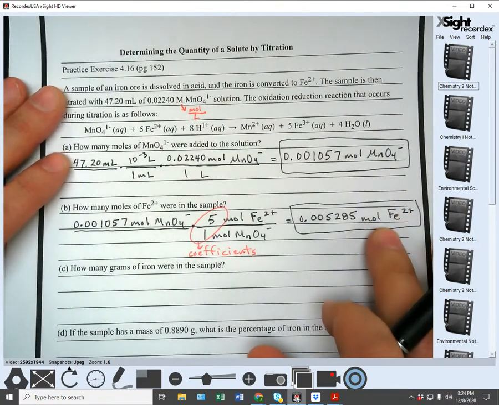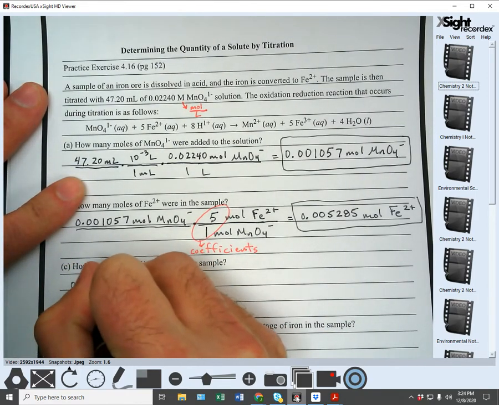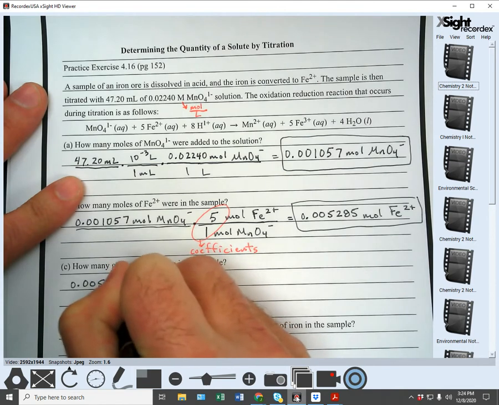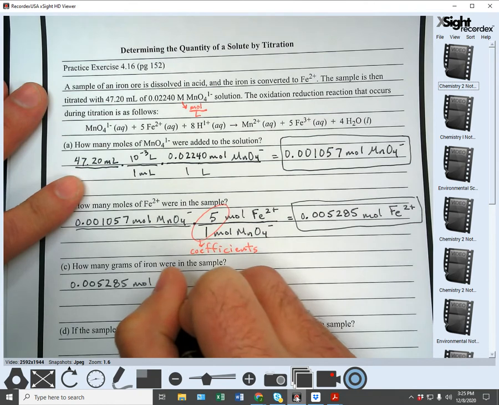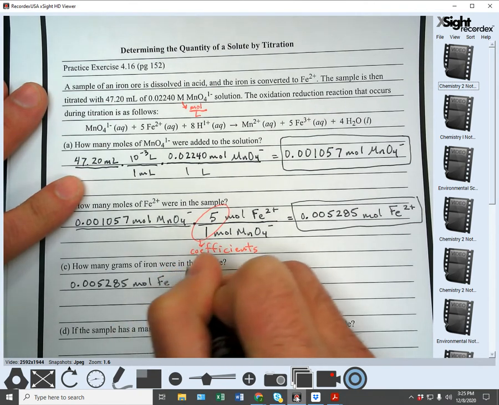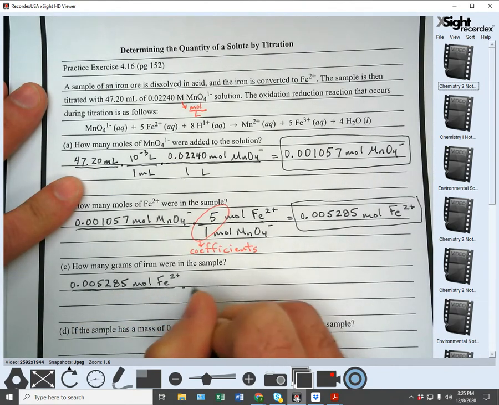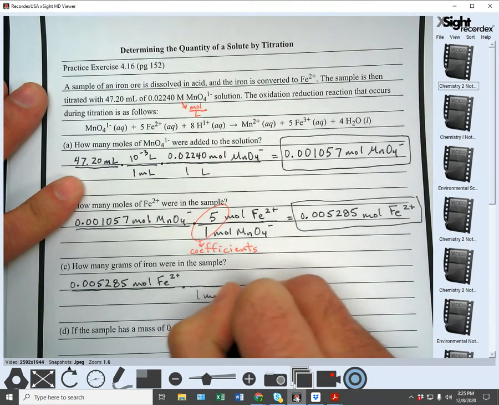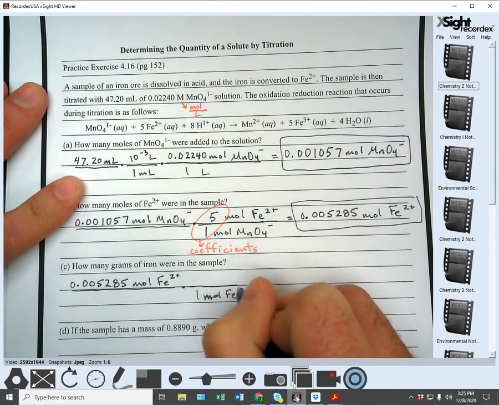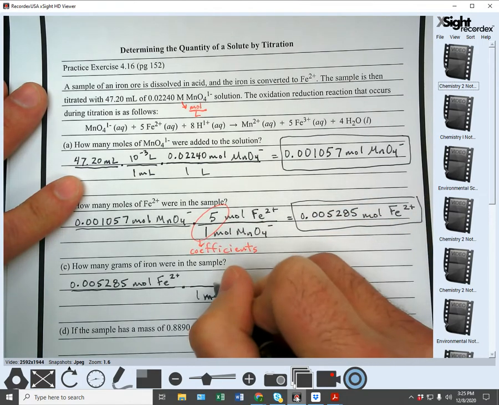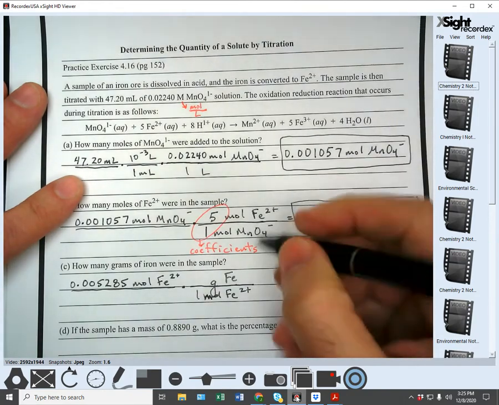So we've got the moles of the Fe2 plus here. All we need to do is turn that into grams, and that's the same way we always do it. It doesn't matter that it's an ion. It has the same mass. So we're going to go moles of Fe2 plus to grams of Fe or Fe2 plus, doesn't really matter.